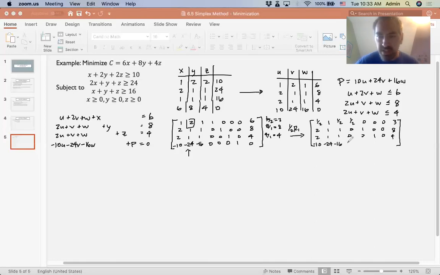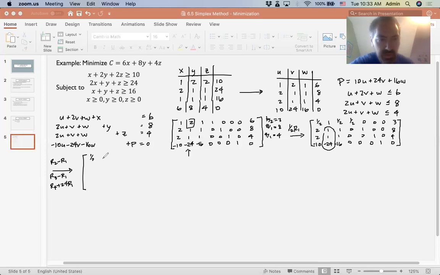Now we want to get everything else in that column to be 0. So we're going to take row 2 minus row 1, row 3 minus row 1, and row 4 plus 24 times row 1.